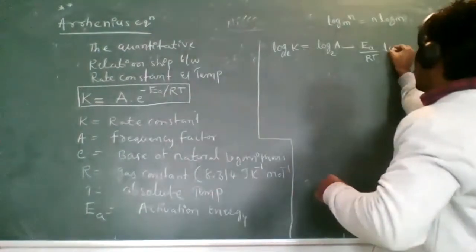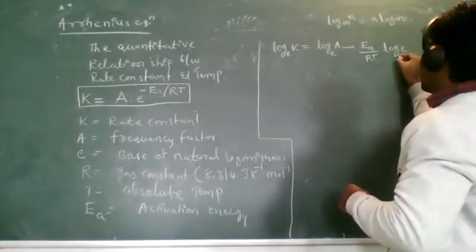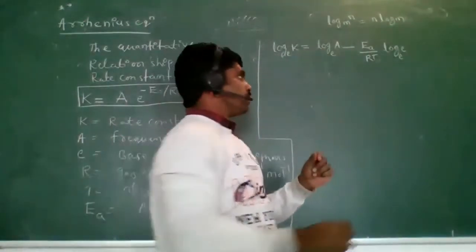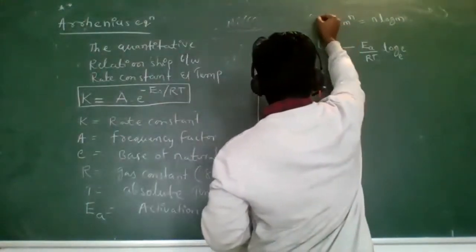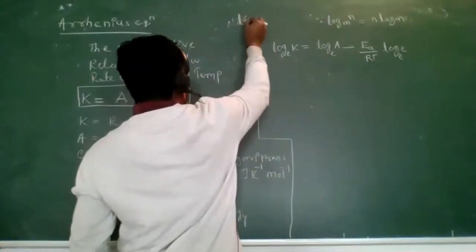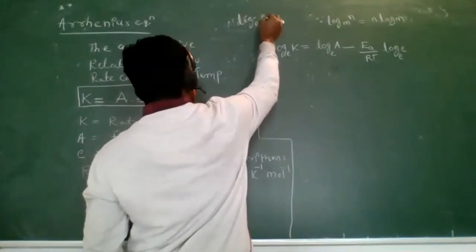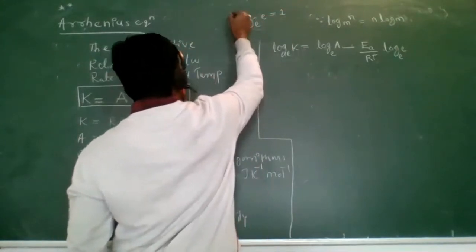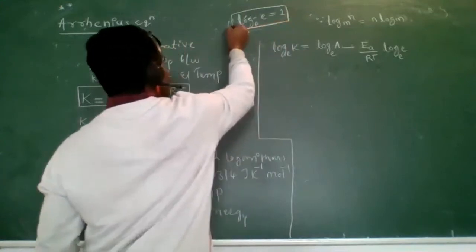Next, log base e into e. Another formula is there. This is one formula, and the second formula: log base e of e is equal to 1. Okay, clear?